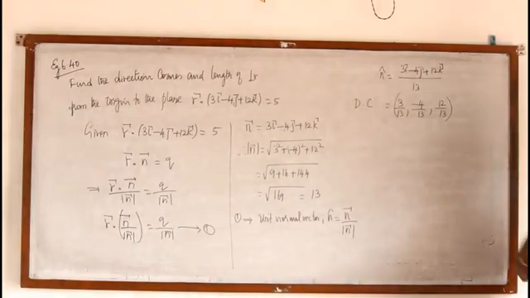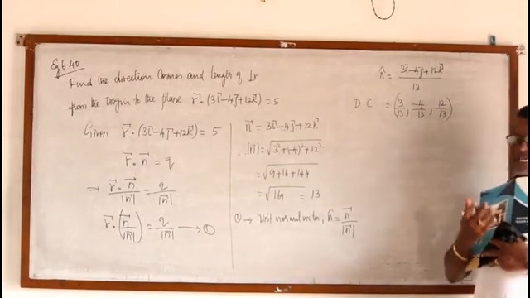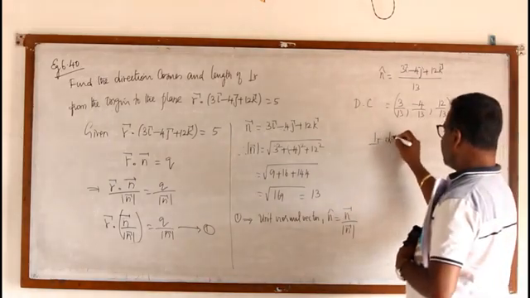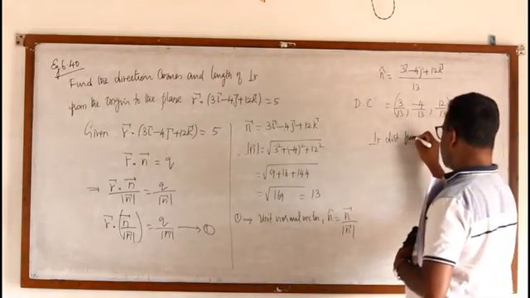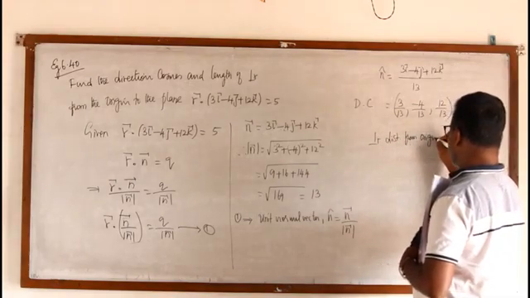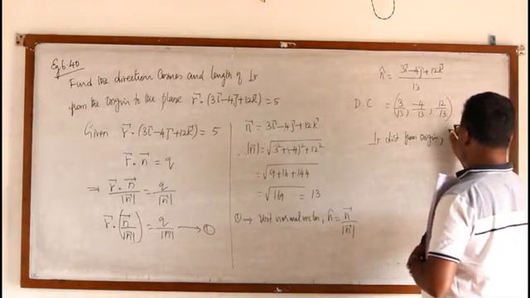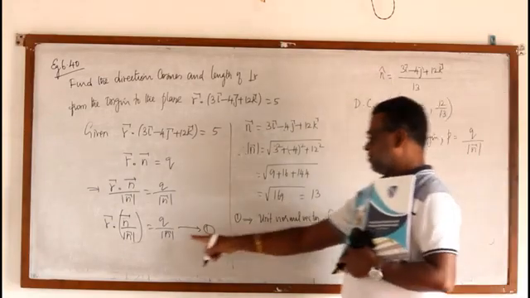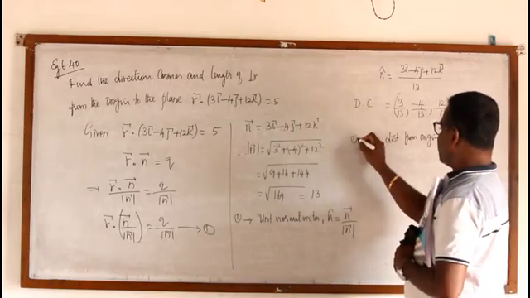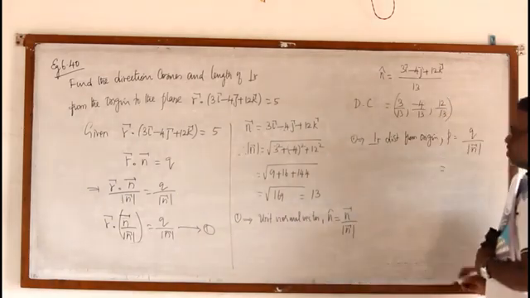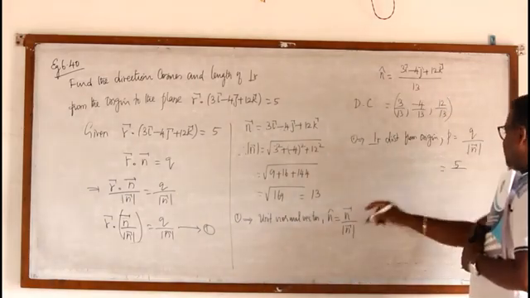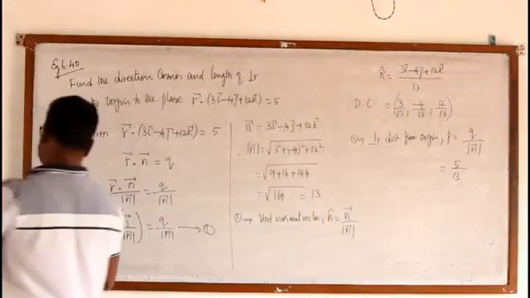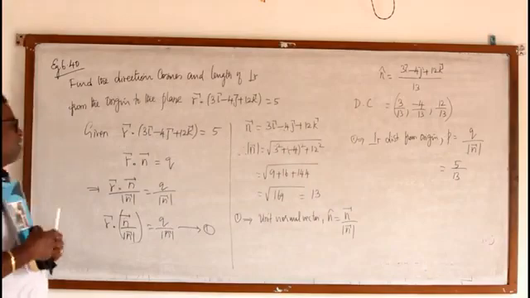Always the unit normal vector without i, j, k gives me the direction cosine. And then the perpendicular distance from the origin p is given by q by modulus of n vector. Therefore, q is 5, so it is 5 by 13. This is our perpendicular distance from the origin. So this is your example 6.40.